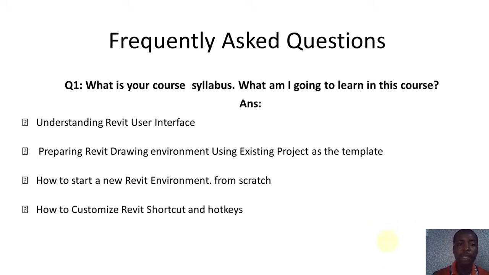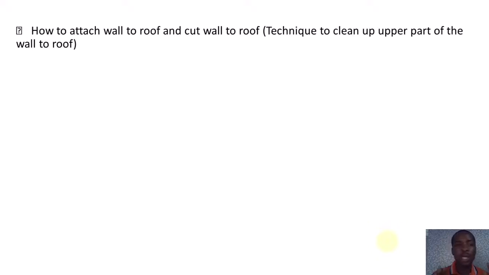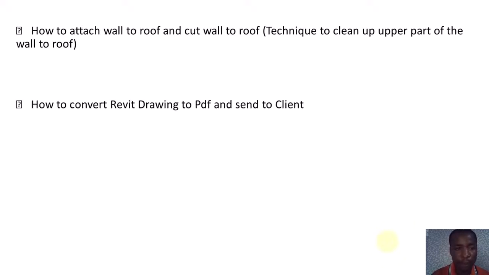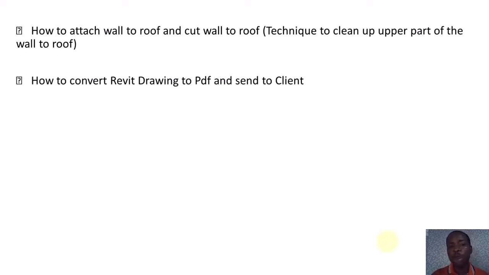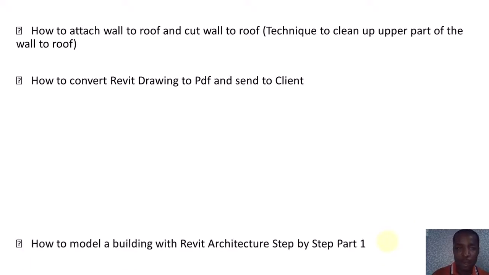Alright, you will learn how you can customize Revit shortcuts and hotkeys. You will learn advanced Revit modeling techniques. Now you are going to learn how to model roof step by step. Everything you need to know about different kinds of roof, you are going to learn them. And you learn how to convert Revit drawing to PDF and send it to your client.